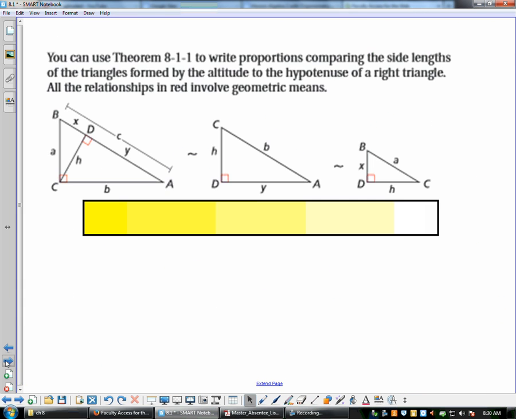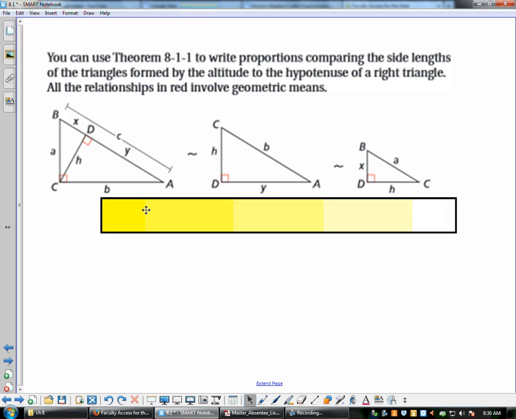All right, moving on. You can use Theorem 8-1-1 to write proportions comparing the side lengths of the triangles formed by the altitude to the hypotenuse of a right triangle. All of the relationships in red, which I have covered right now, involve geometric means. So I wanted you to write these proportions.